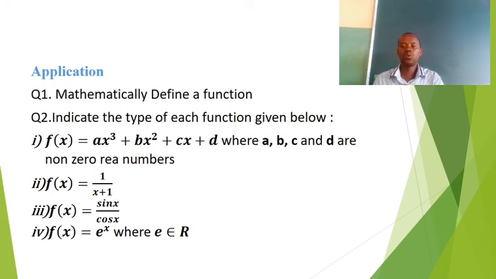Function number 2 is f of x, which is equal to 1 over x plus 1. The function number 3, f of x is equal to sin x over cos x. The last function is f of x, which is equal to e power x, where e is a real number. It means it is a constant.